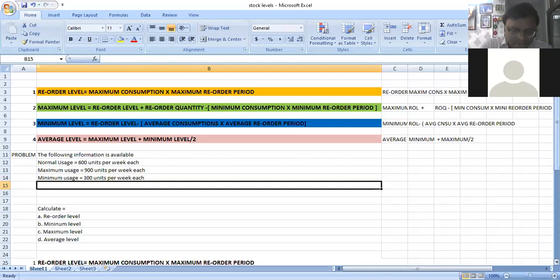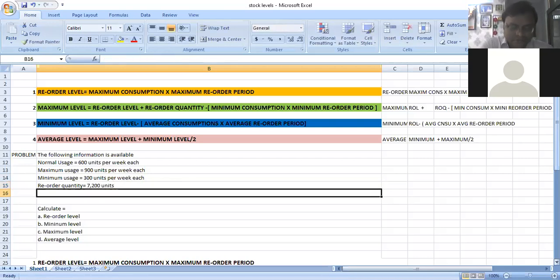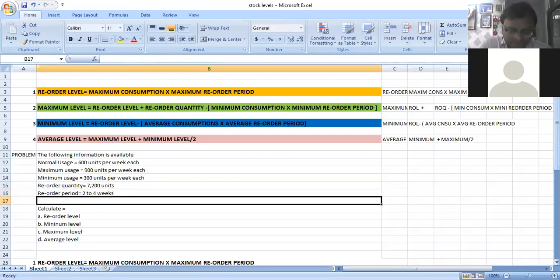Minimum usage. Then, students, the reorder quantity is 7,200 units. Then the reorder period is 2 to 4 weeks. Okay.